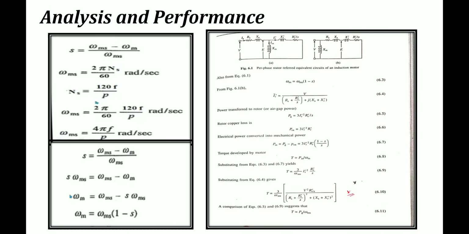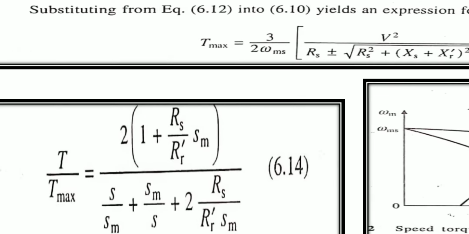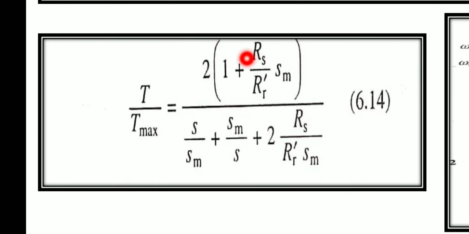When we take torque T divided by T max, we get 2 into the bracket of 1 plus Rs divided by Rr dash into Sm, divided by s divided by Sm plus Sm divided by s plus 2 times Rs divided by Rr dash into Sm. Then we multiply 2 into 1, giving 2 plus 2 times Rs divided by Rr dash Sm.